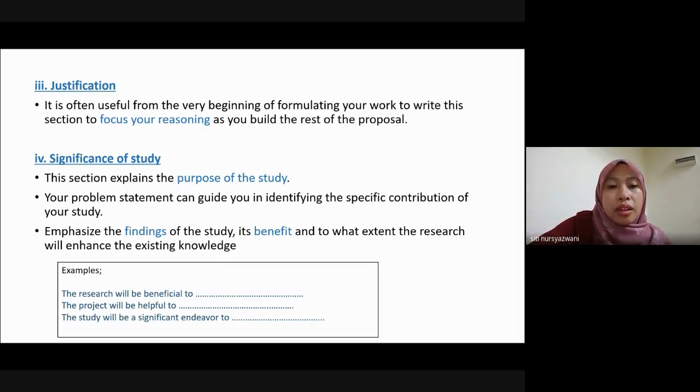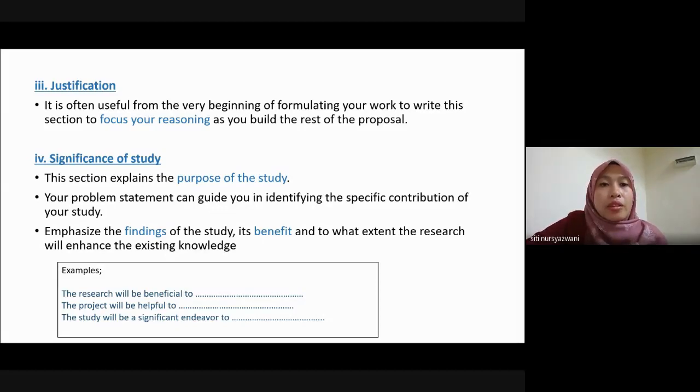Okay, contohnya adalah macam ni. This research will be beneficial to community ke, beneficial to the farmers ke. Okay, so perlu ada tu. And the project will be helpful to siapa-siapa yang dapat benefit daripada you punya project. So the study will be significant and so macam tu lah contohnya.